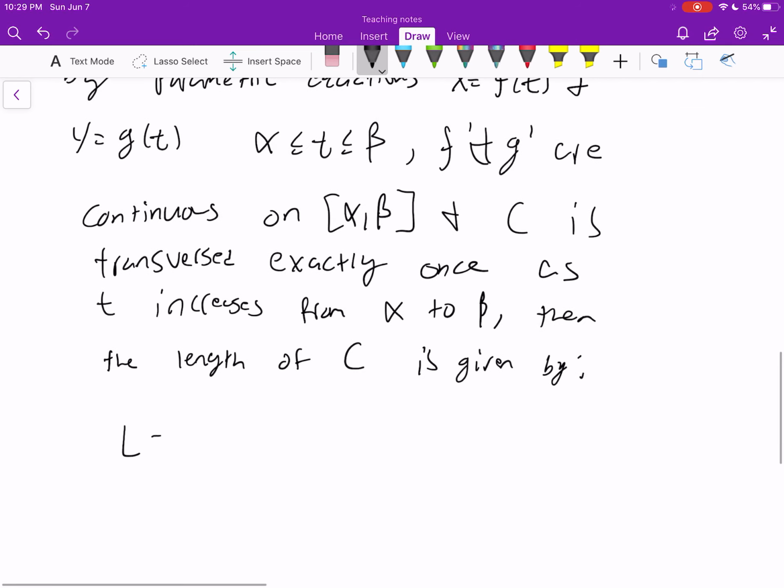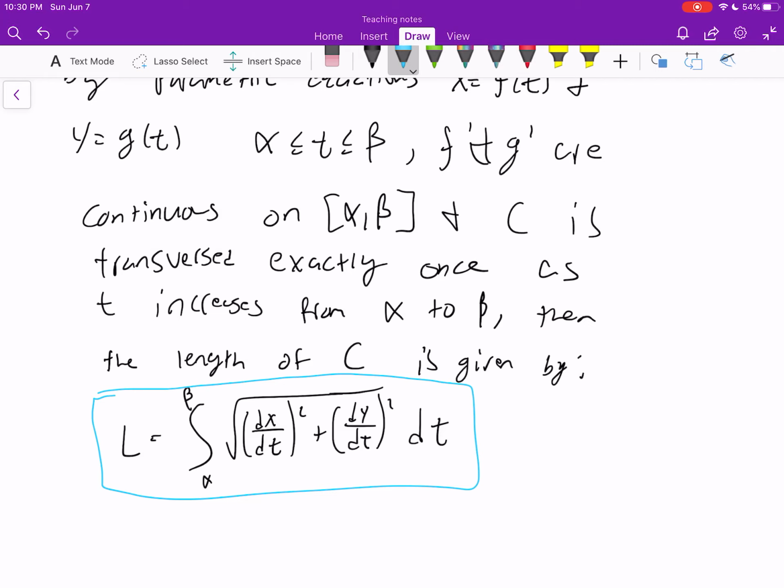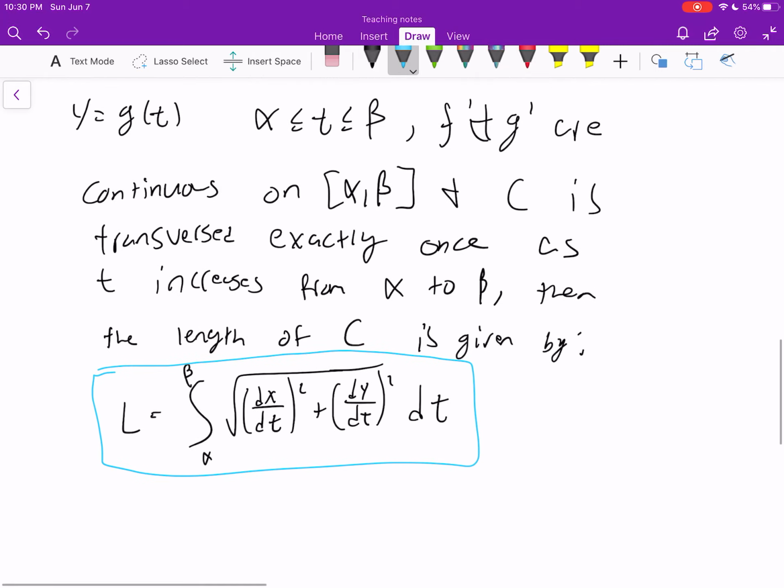So it's the integral from alpha to beta of the square root of (dx/dt) squared plus (dy/dt) squared, integrated over t. So that is my formula for this section, arc length.